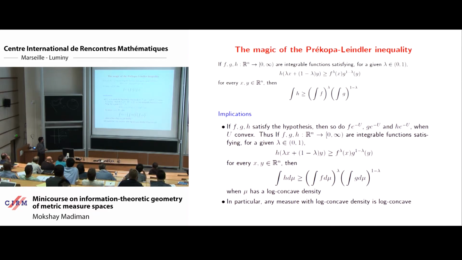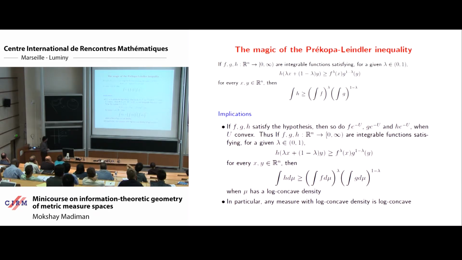the Prékopa-Leindler inequality holds not just for Lebesgue measure, but for any measure with a log concave density. As long as you have a measure mu whose density is of the form e to the minus u with u convex, then the same inequality holds, replacing Lebesgue measure by this measure mu in the conclusion.